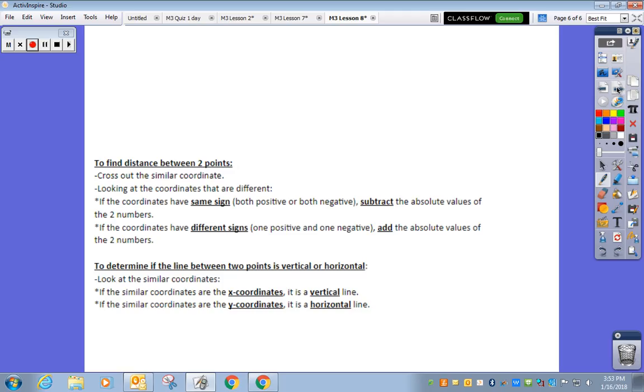To determine if it's vertical or horizontal, you're going to look at the similar coordinates. If the one they have in common is the x coordinate, it's going to make a vertical line. X, V, vertical. If the similar coordinates are the y coordinates, it's a horizontal line. So here's my y. If I flip my y upside down, it makes that H for horizontal.